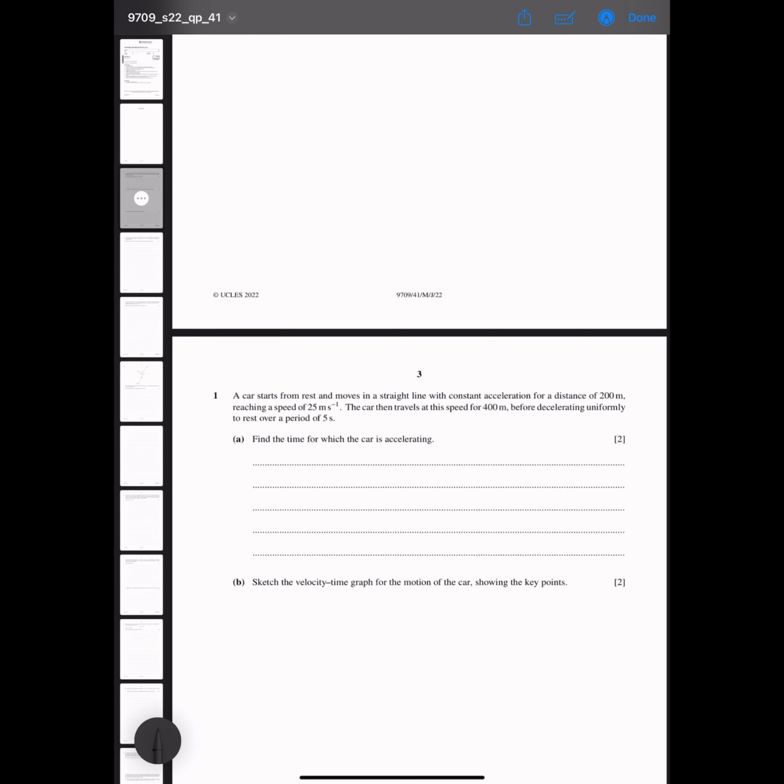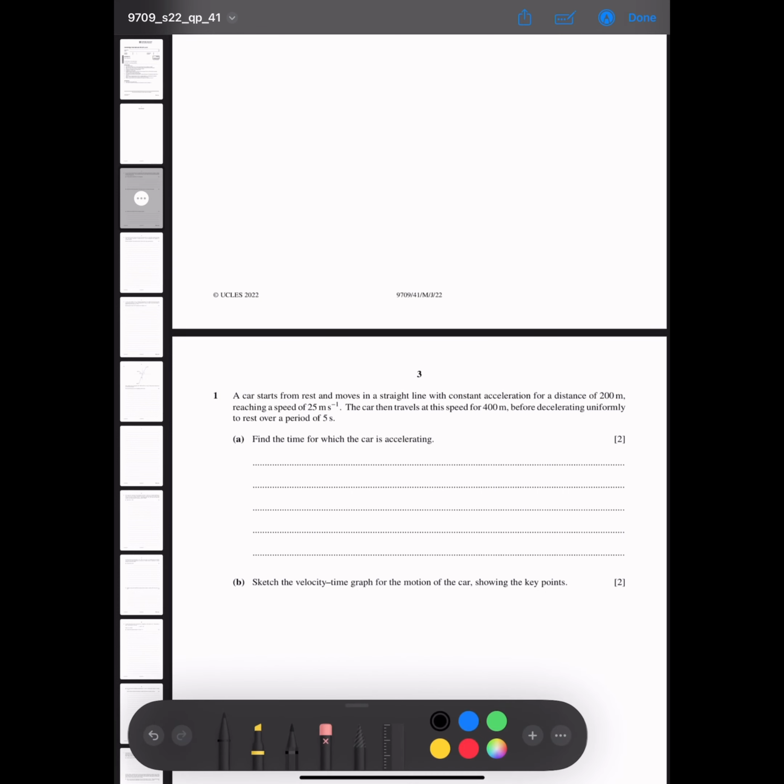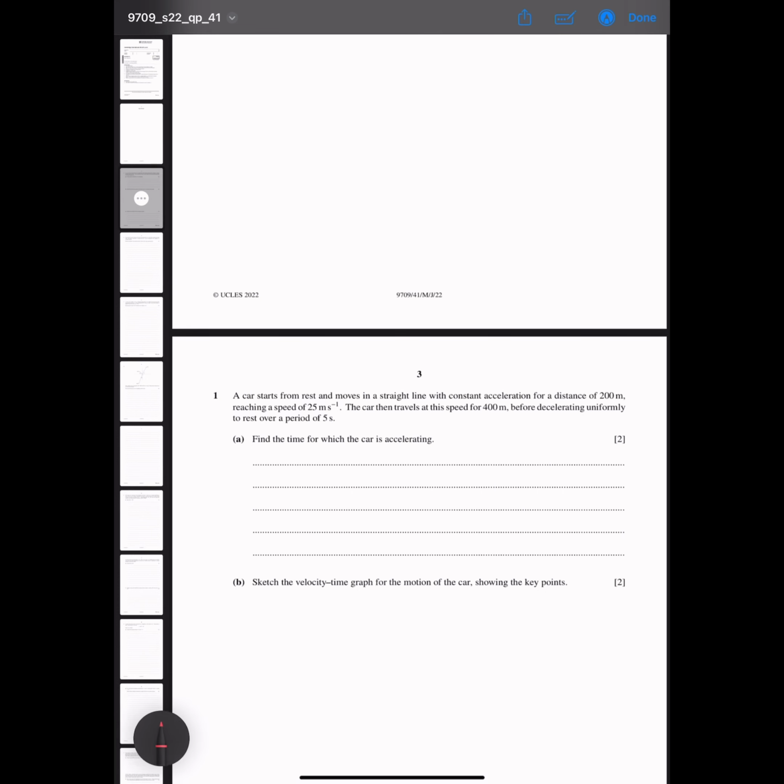First we sketch this. This is a sketch for this part, speed time graph. Along x-axis time in seconds, along y-axis there is speed. This is the origin.